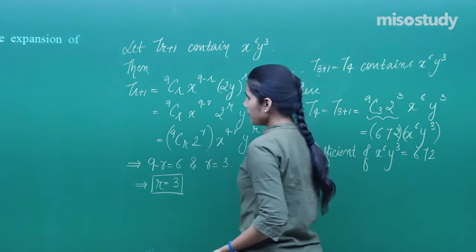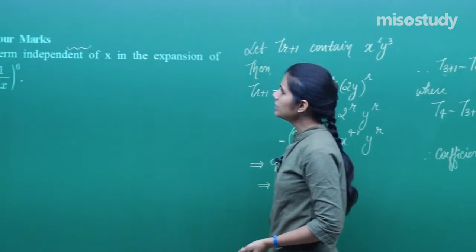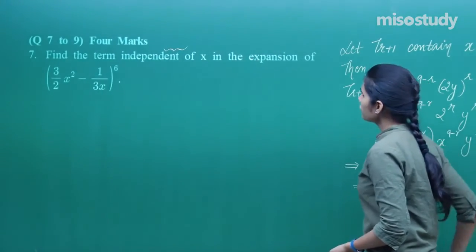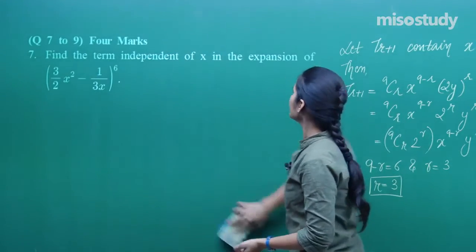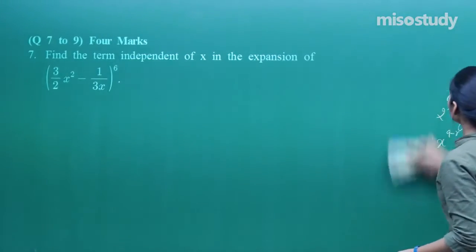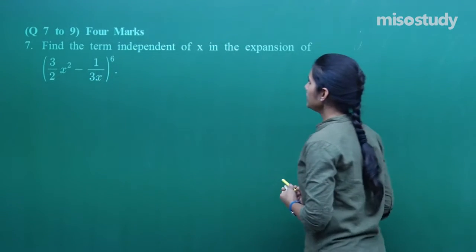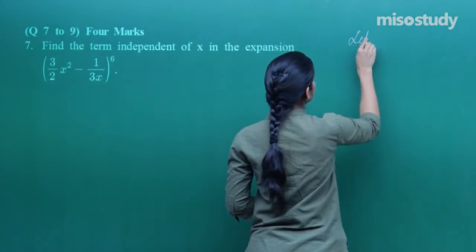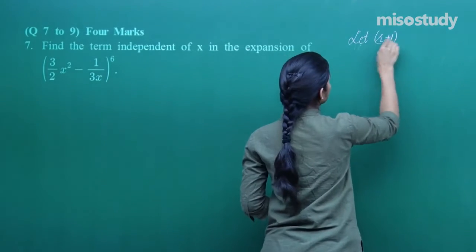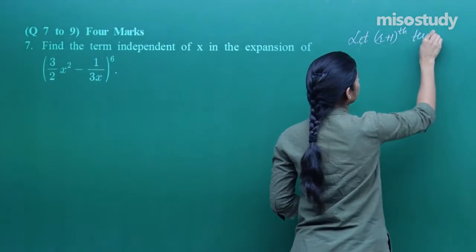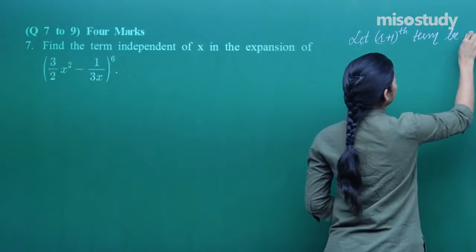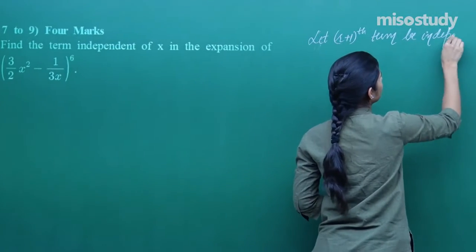Clear? Looking at the next question, we have: find the term independent of x in the expansion that is given over here. That is what we need to compute. Let us find out. Term independent of x, let the r plus 1th term be independent of x.